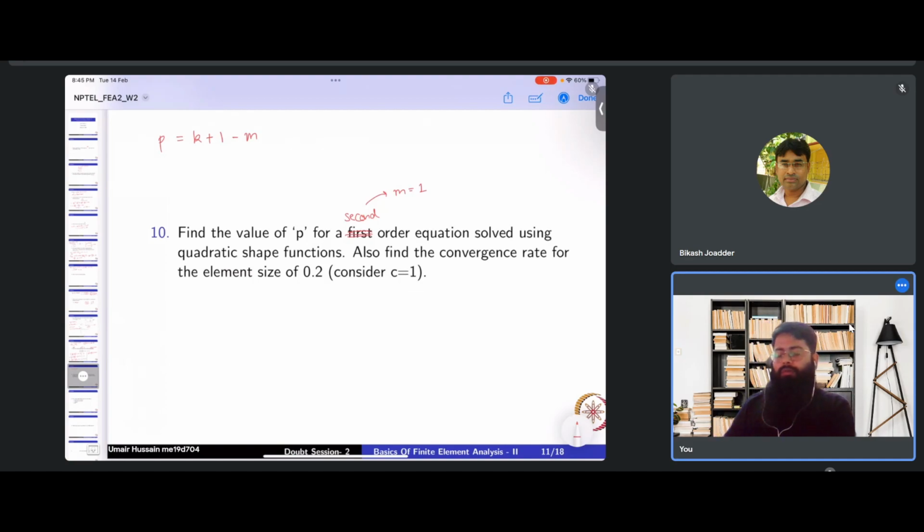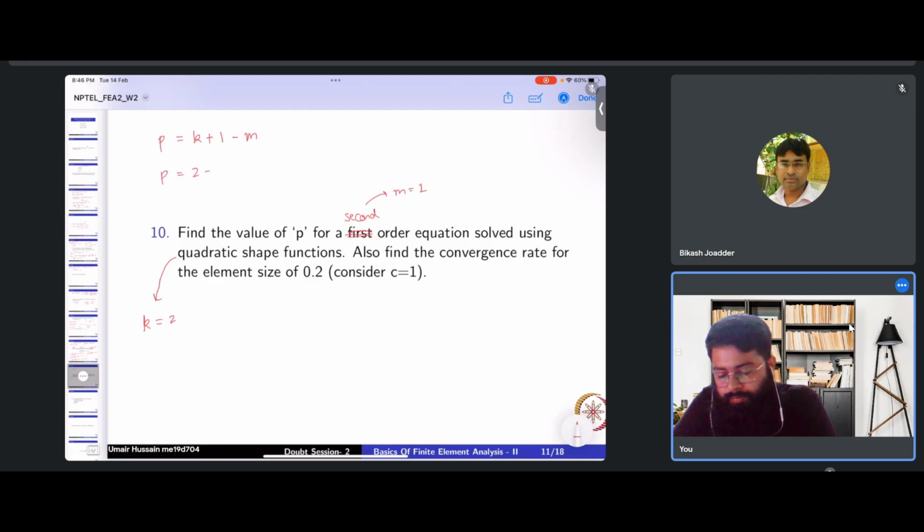And we are using a quadratic shape function, which essentially means the value of K equals 2, right? So what should be the value of P here? K plus 1 minus M, that is 2 plus 1 minus 1, so P equals 2.